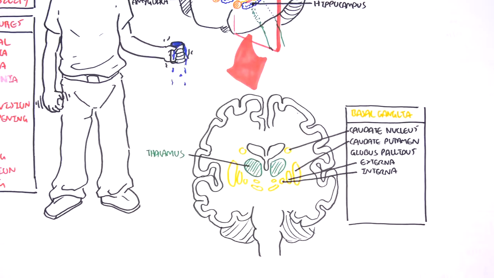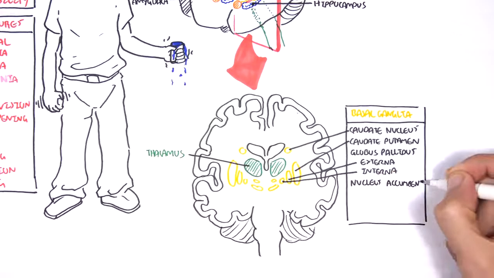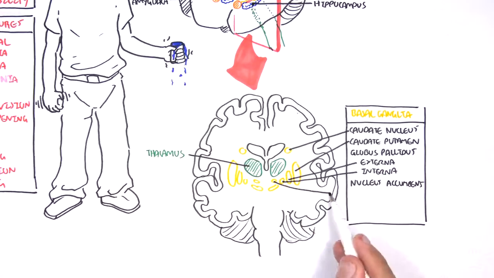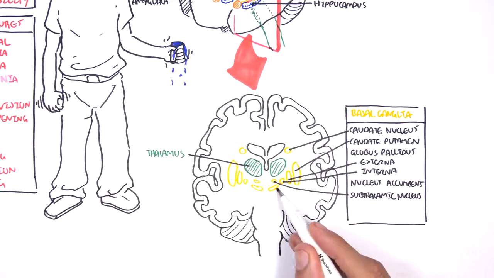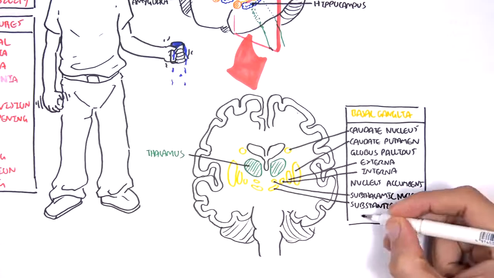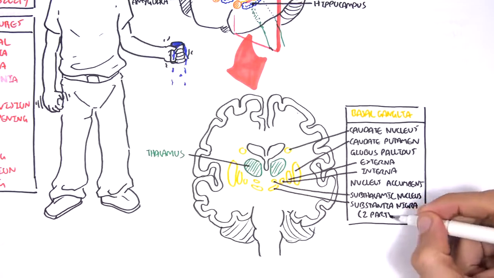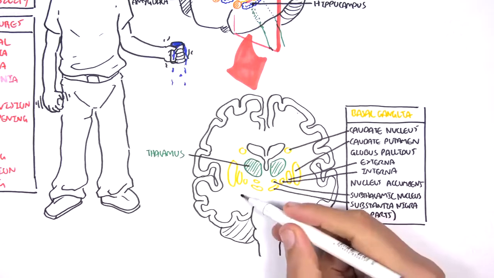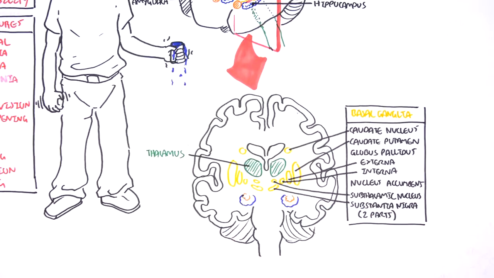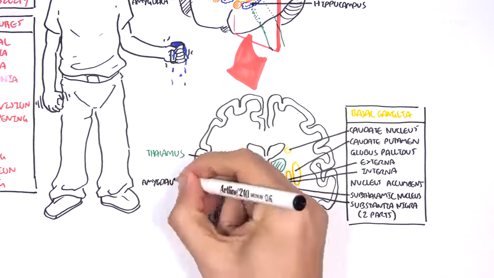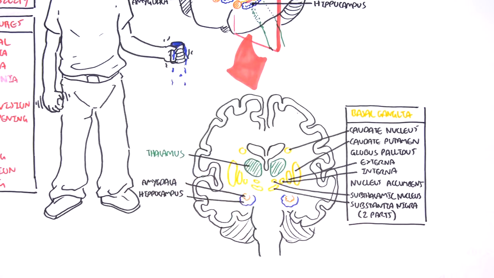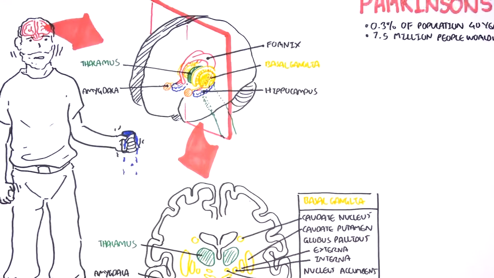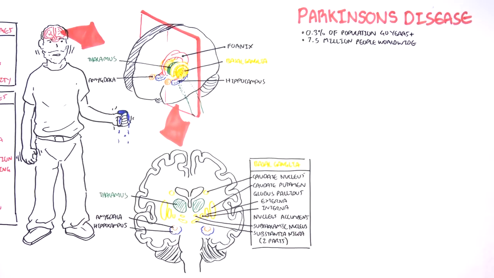It's made up of the nucleus accumbens, which I have not drawn here. And we also have the subthalamic nucleus and the substantia nigra, which consists of two parts. And just to complete this image, we have the amygdala here as well as the hippocampus. So we will mainly focus again on the basal ganglia, which is disrupted in Parkinson's disease.